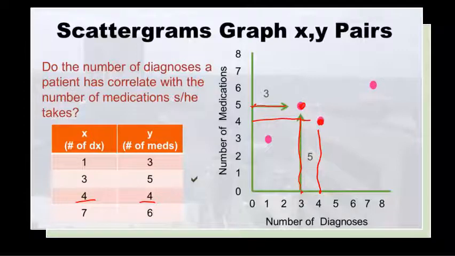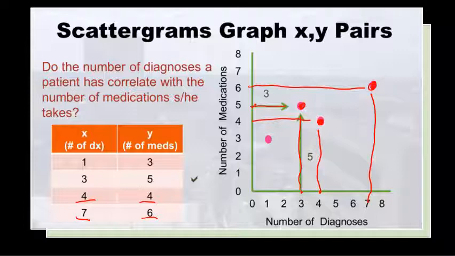And for the last one, the x is a 7, the y is a 6. So we're going to find the 7 on the x-axis right here, and it's up there, and then we find the 6 on the y-axis, and there it is. Go ahead and plot it right there.